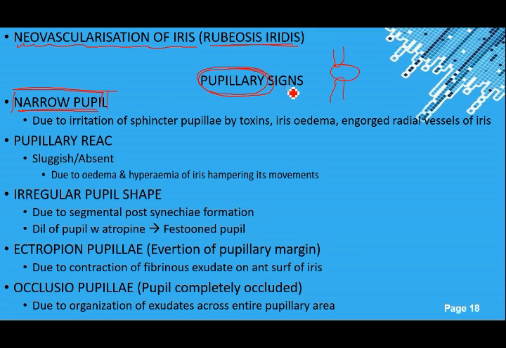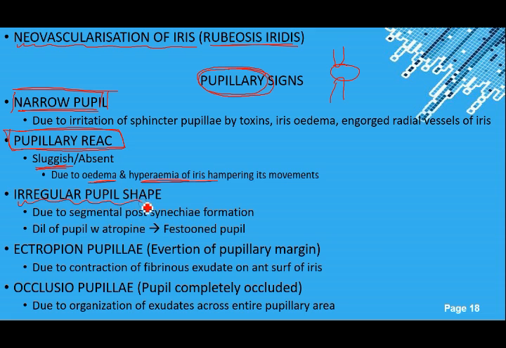Number two, pupillary reaction becomes sluggish. The reason again is the edema and hyperemia of the iris, so the movement of the iris decreases and the pupillary reaction becomes sluggish. That is fine.